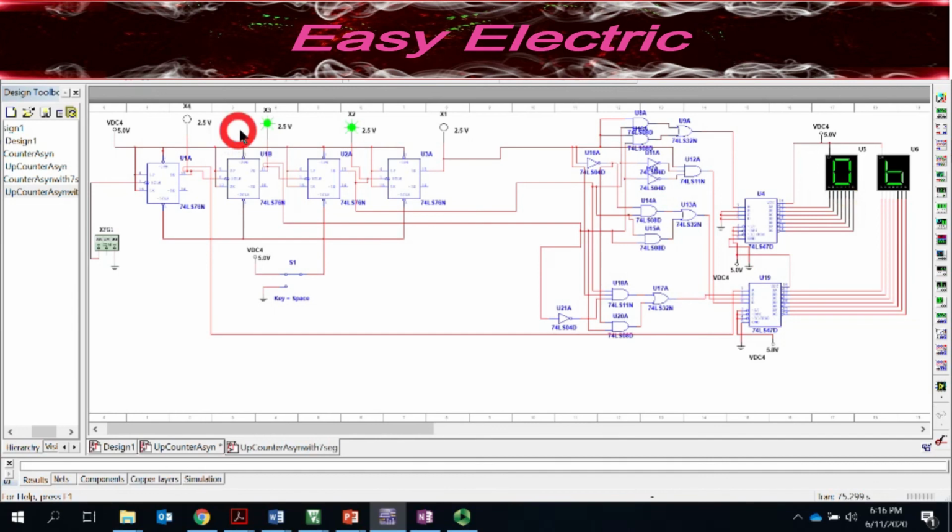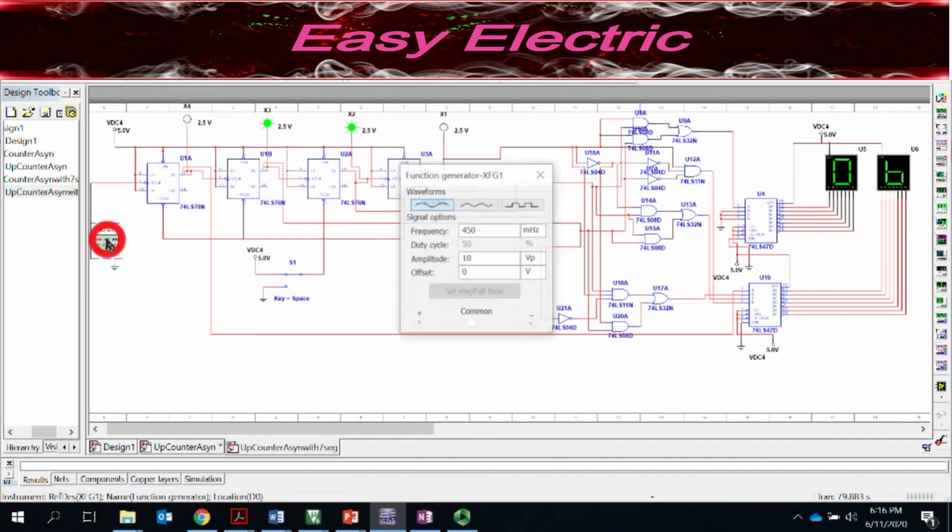That means whenever your counter starts to count, I'm able to see it on my 7 segment. So let's change this frequency to 1 hertz, because we saw that 1 is the best one, at least to observe the counting from 0 to 15.